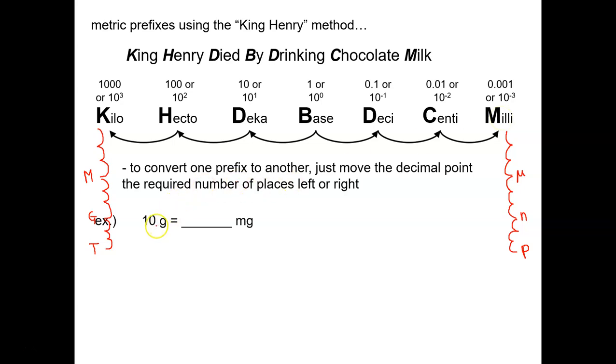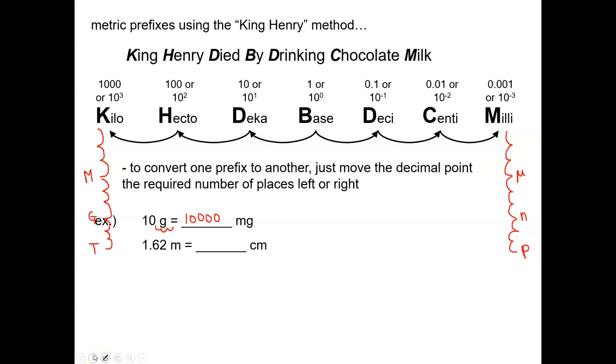So I'm going to take my decimal point, which would be right here, and go 1, 2, 3 places to the right. So what number does that become? 10,000. So there are 10,000 milligrams in 10 grams.